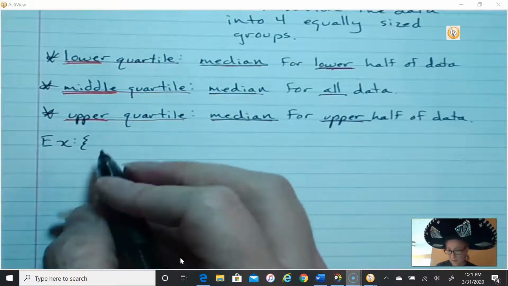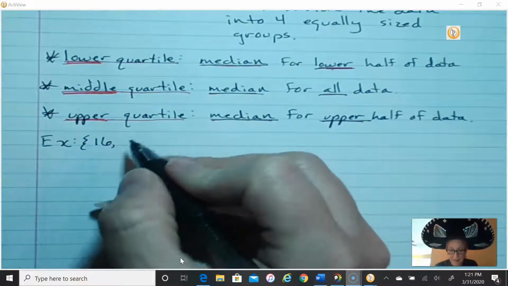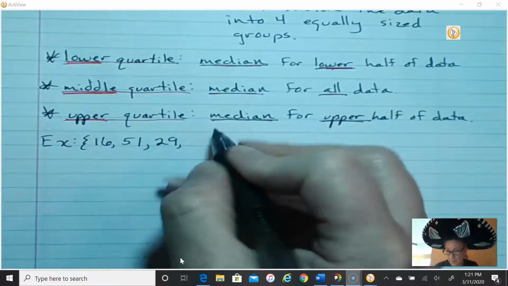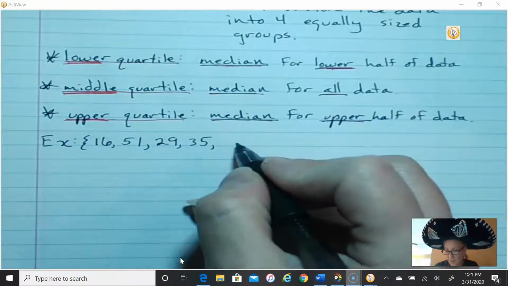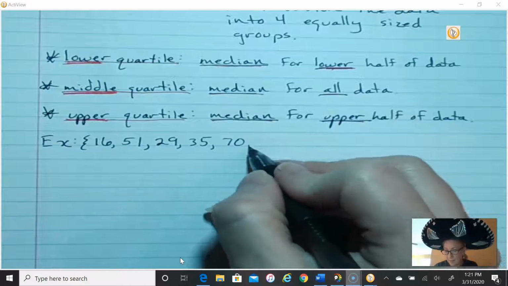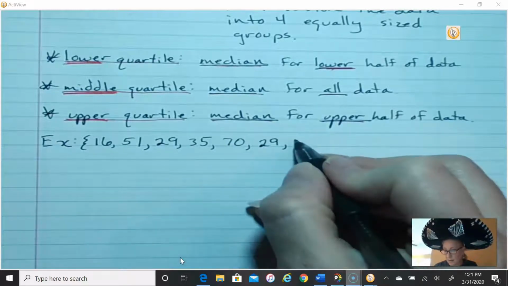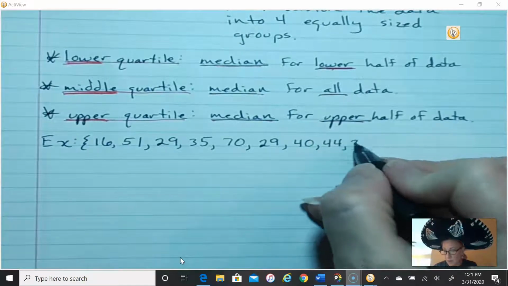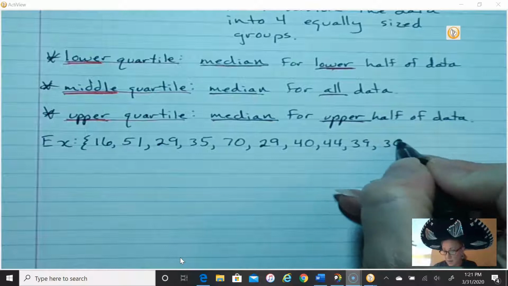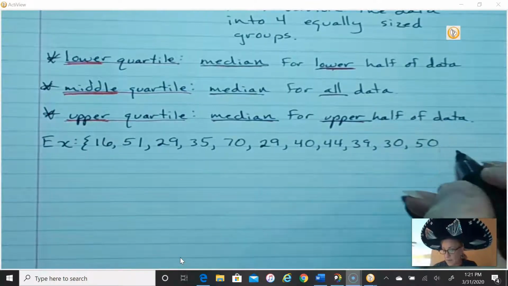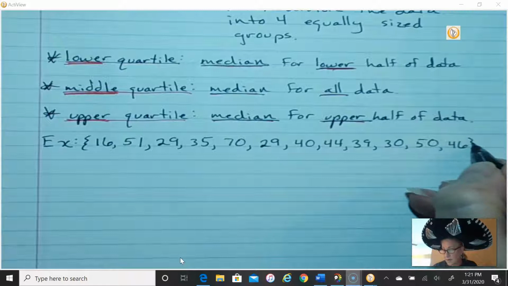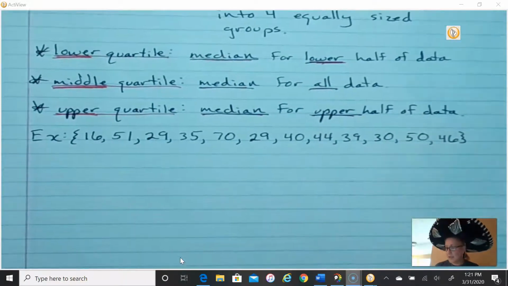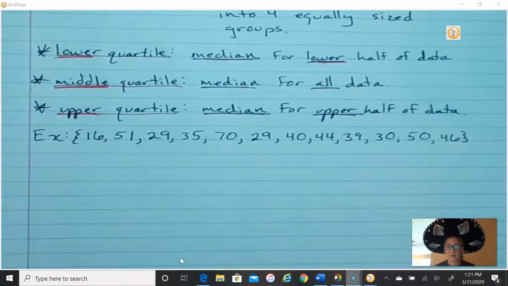There's a lot of numbers here. 16, 51, 29, 35, 70, 29, 40, 44, 39, 30, 50, 46. Okay. That's your set of data that you were given.